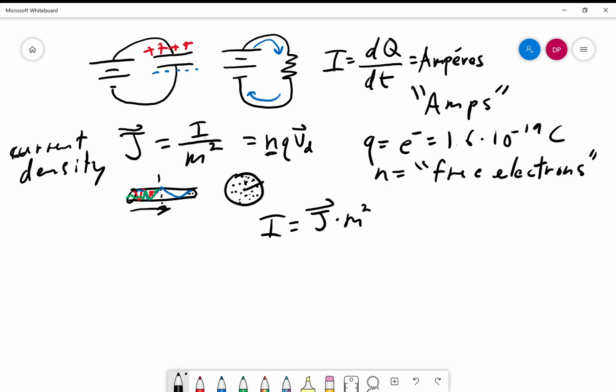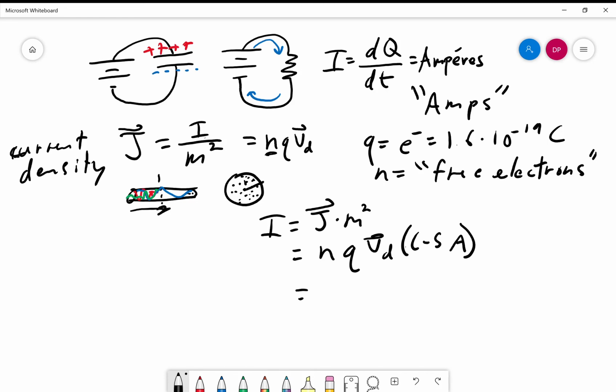That's going to be number of electrons times the charge of those electrons times the velocity of those electrons times the area that they're going over, the cross-sectional area. And then you're going to have your current.